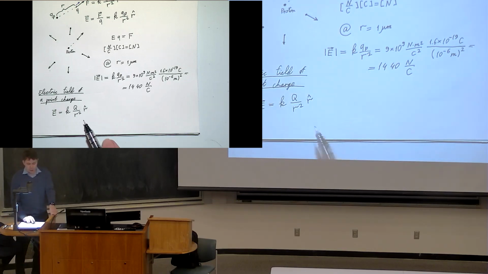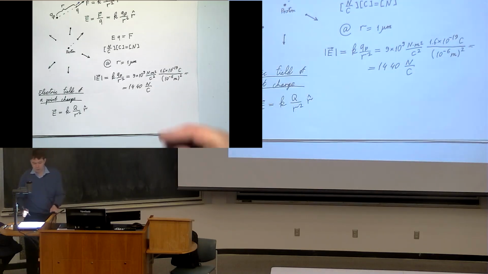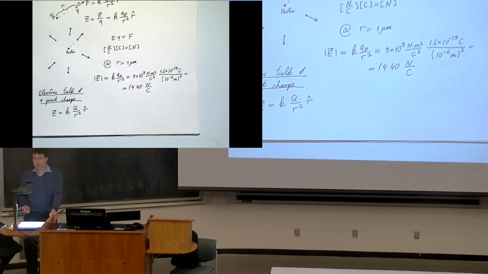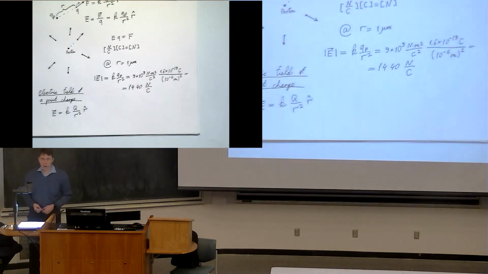If the charge Q is positive, then it's directed everywhere away from that charge, like it is for proton, like it is shown here. If it's negative, then it's directed everywhere towards that charge. Well, we'll see a couple of pictures maybe in 5 minutes. All right?